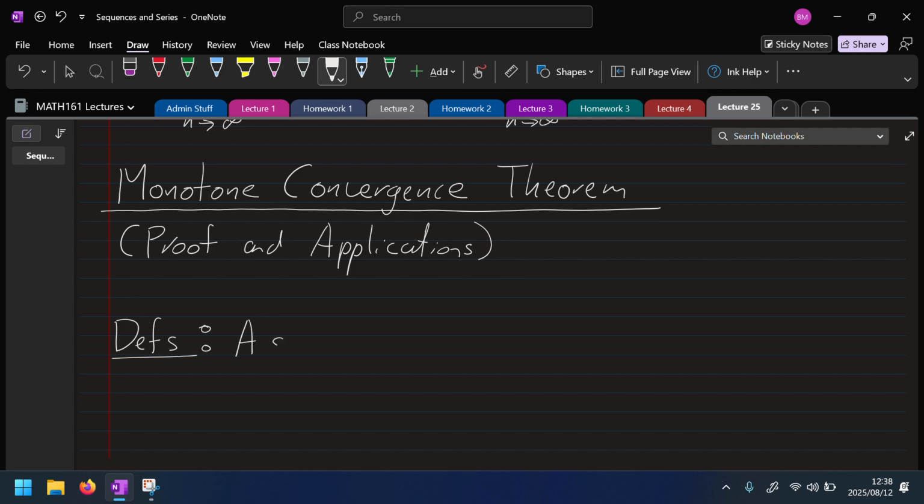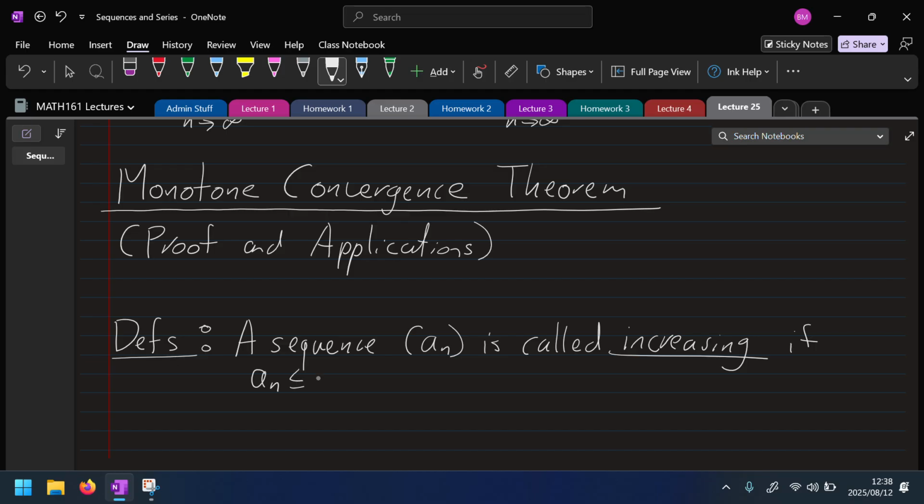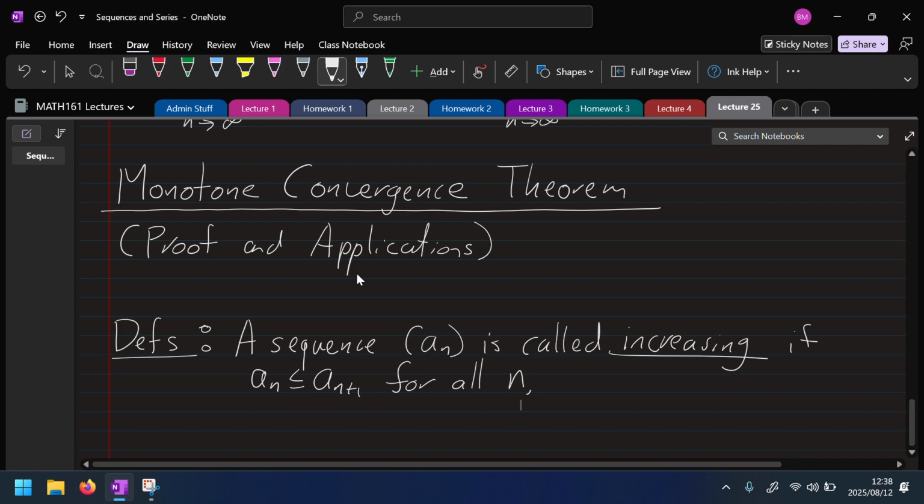A sequence a n is called increasing if a n plus 1 is bigger than a n. In other words, the next term is larger than the previous term, for all n. So that's what we mean by increasing.